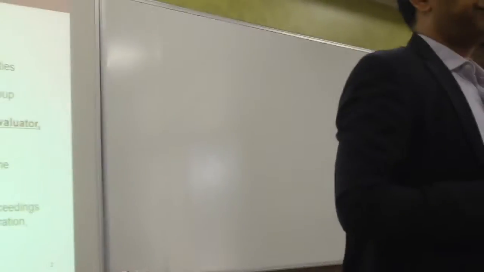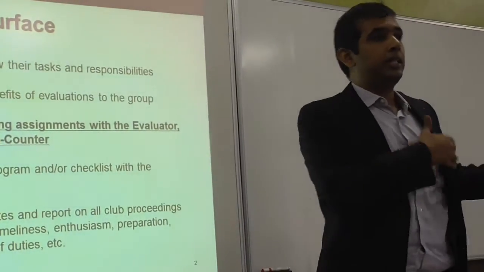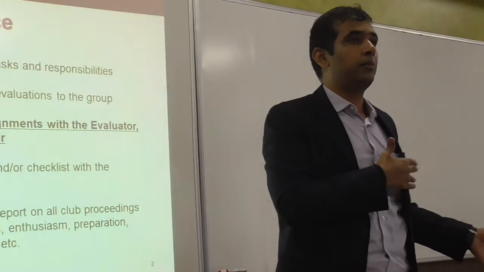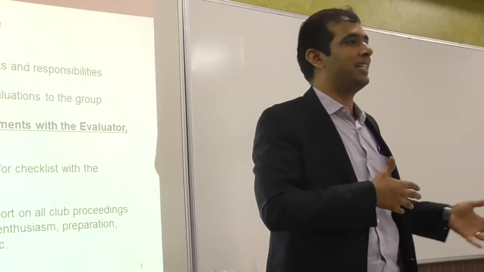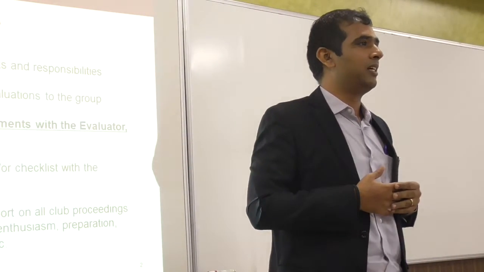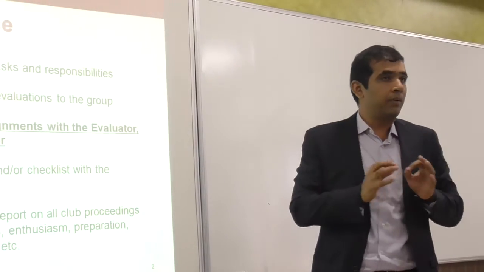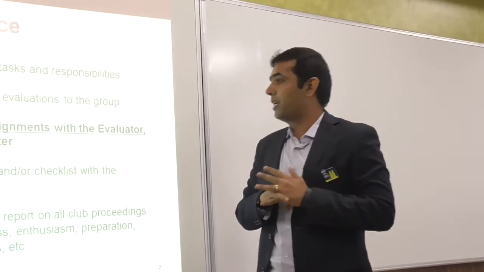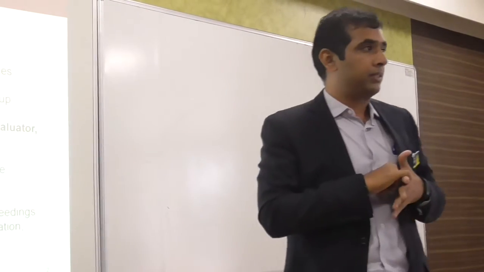If you do it by the CL manual, it is your job. If the VP head does all your job, he or she gets all the leadership experience. Then why are you paying your renewal, right? So you're paying for your VP head's leadership training. That's what's happening, right? So from now on, I insist that you as general evaluator take on the role of appointing the timer, R-counter, grammarian, as well as the evaluators.